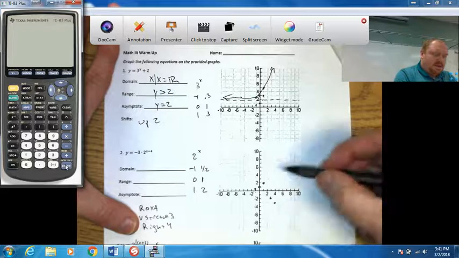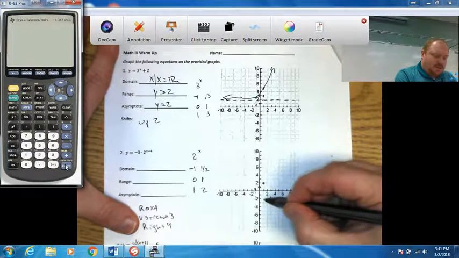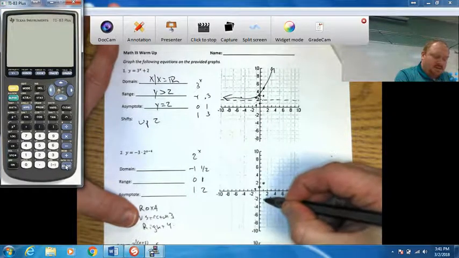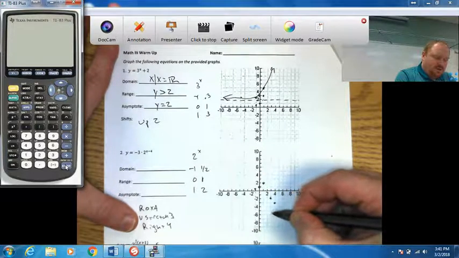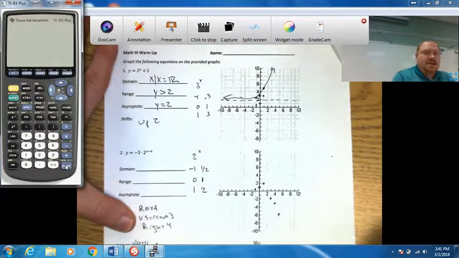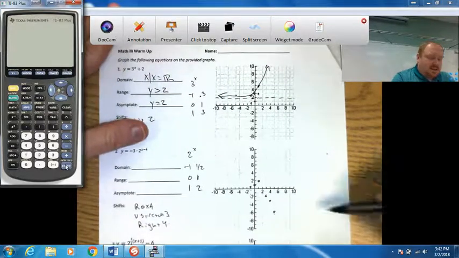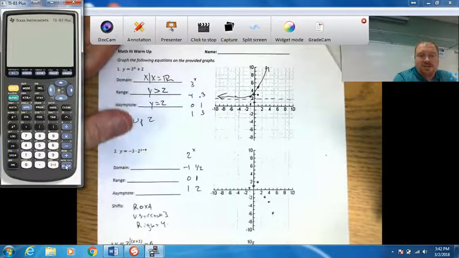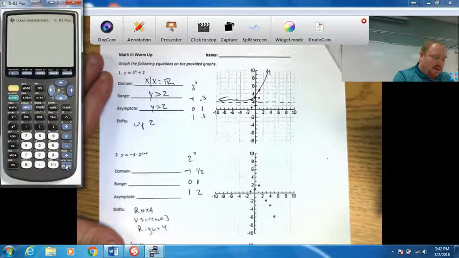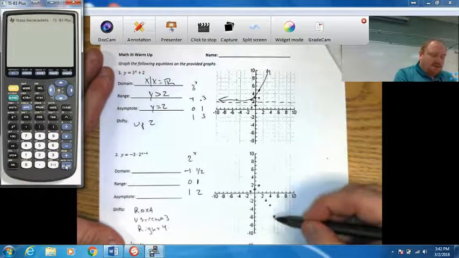And then the last point. Flip it, puts it at negative 2. Times 3 puts it at negative 6. And then right 4: 1, 2, 3, 4. Now again, this could easily be interpreted as just a diagonal line, depending on how you perceive it. But it's up to us to recognize that it is curved.